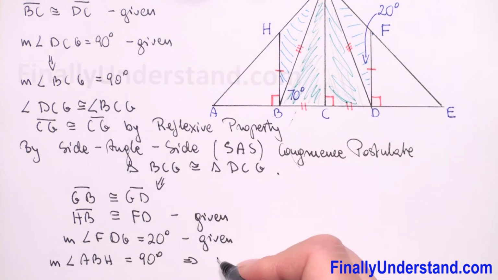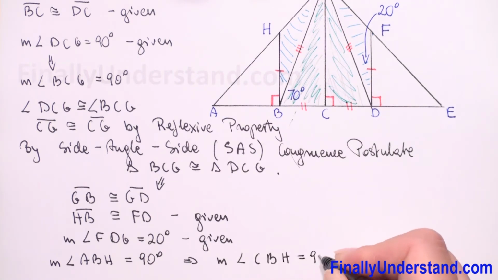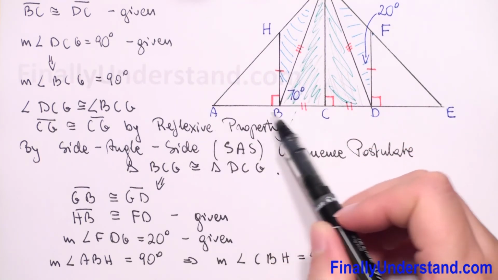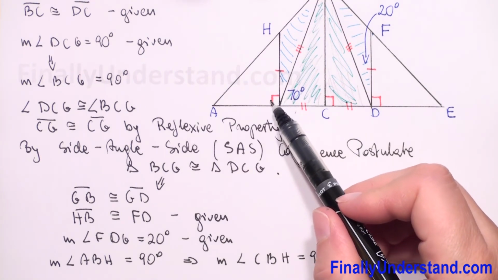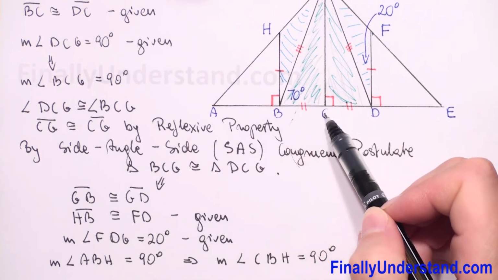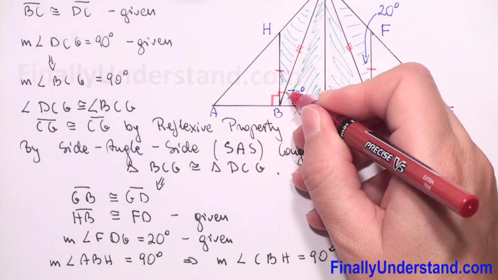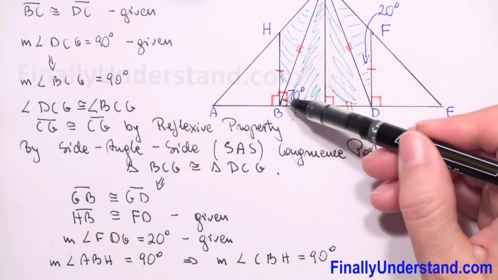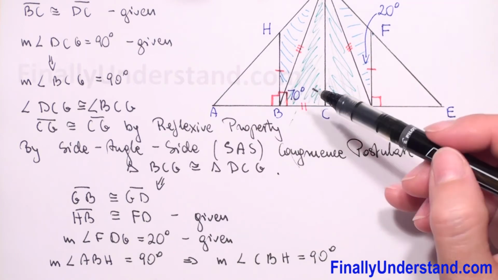So the measure of angle CBH is 90 degrees too. Why? Because angle ABC is a straight angle, so it has 180 degrees. On the left side this angle is a right angle, so on the right side angle CBH must be 90 degrees too. So we can write this red square.